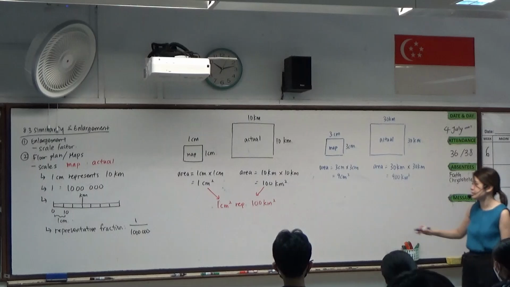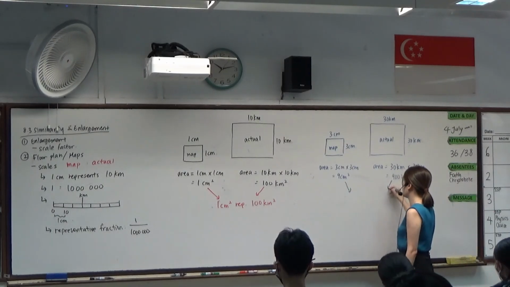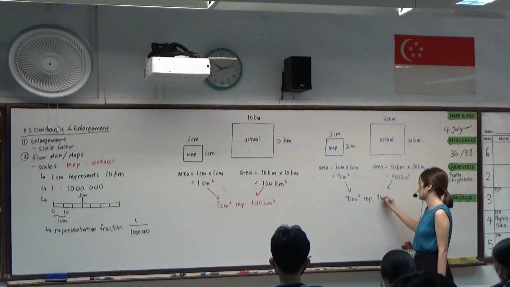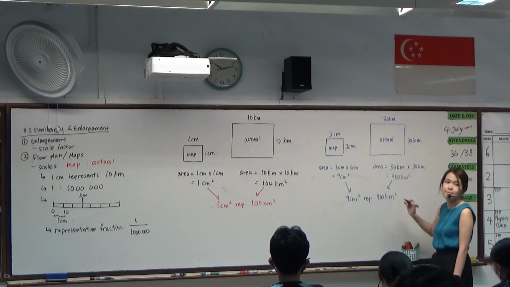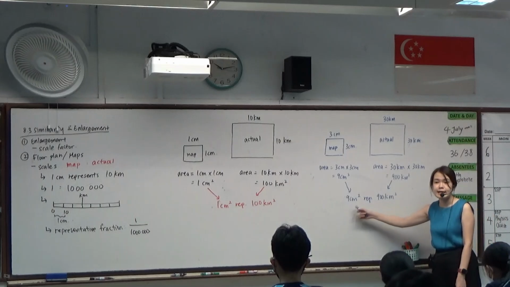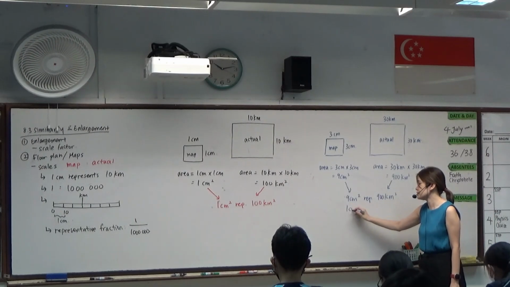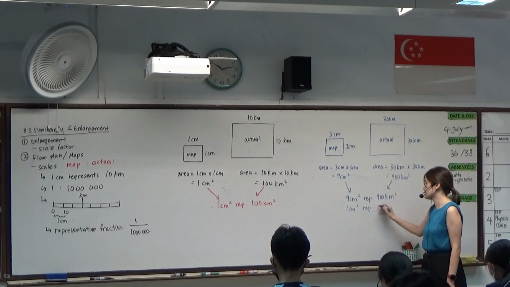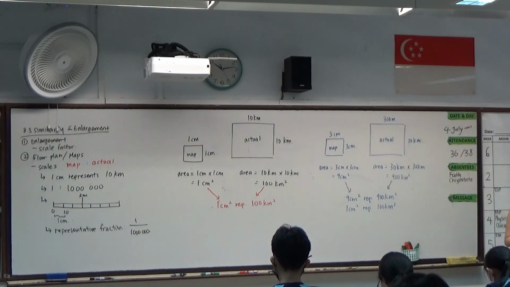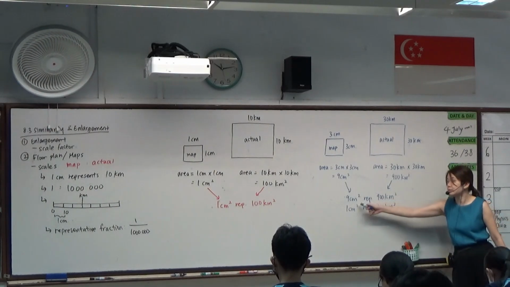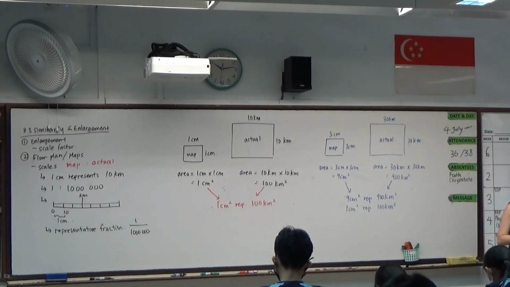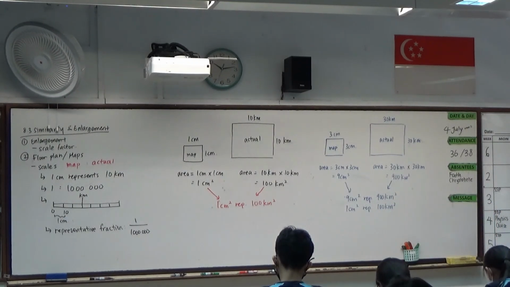What this tells us is that 9 cm squared represents 900 kilometers squared. If I simplify this, dividing by 9, I get 1 cm squared representing 100 kilometers squared. If 9 cm squared represents 900 kilometers squared, 1 cm squared will represent 100 kilometers squared as well.